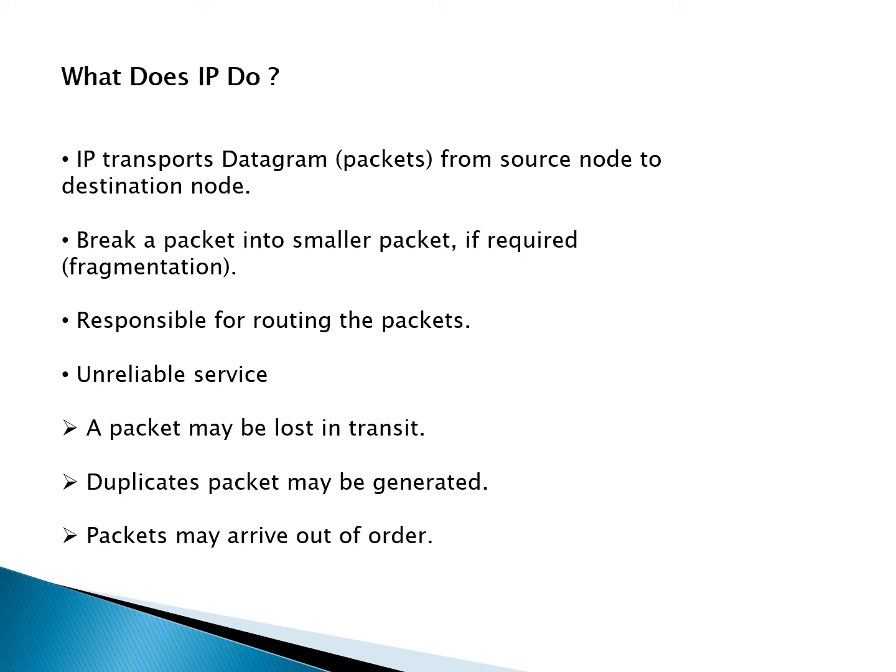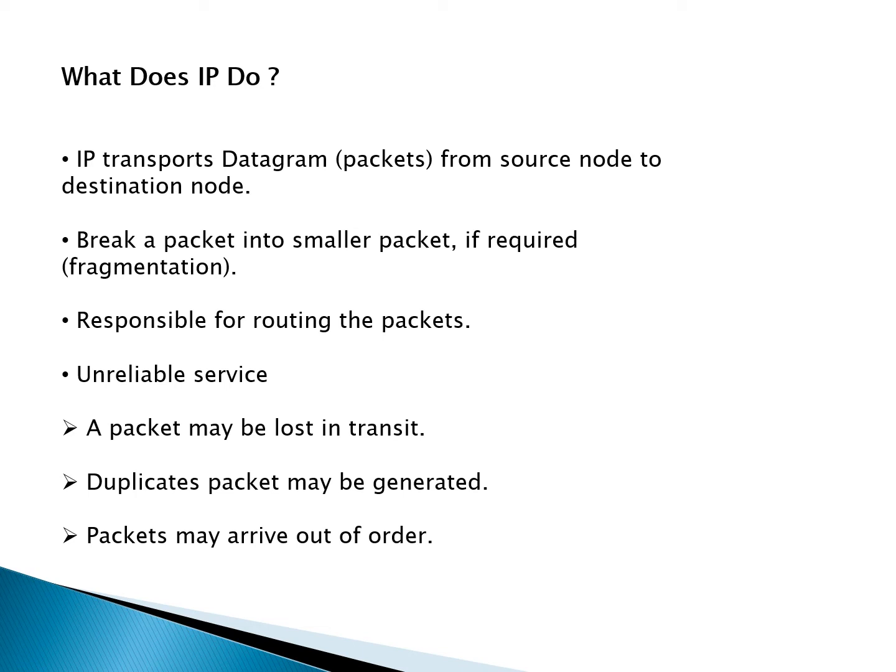Now, let's talk about IP. What does IP do? Actually, IP is responsible for routing of packets from source to destination. It decides which node to forward the packet to, then the next node again decides where to forward the packet. This way the packet will reach the destination.